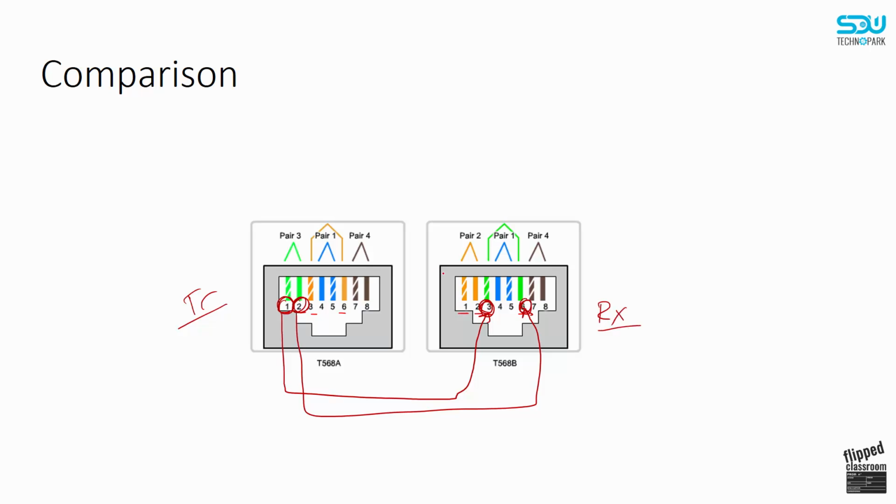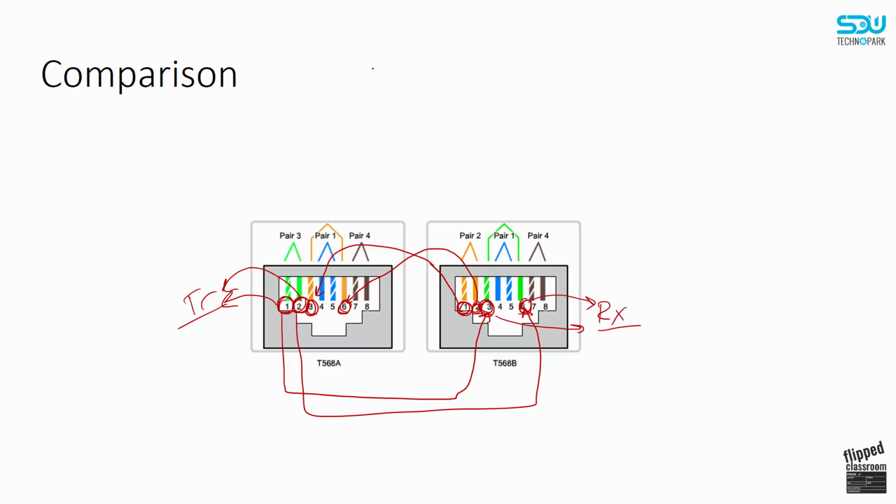From the other side, pin number 1 sends information to pin number 3, and pin number 2 also sends information to pin number 6, so that pin number 1 and 2 are transmitting pins, and pin number 3 and pin number 6 are receiving pins.